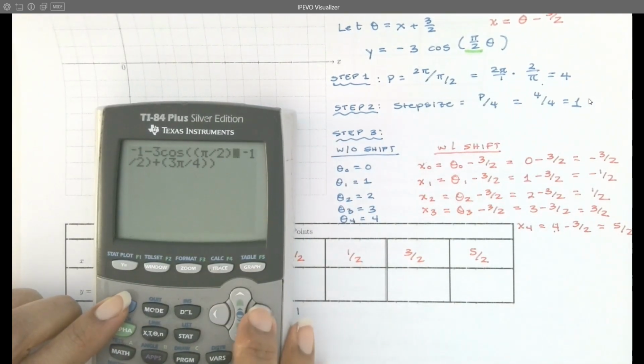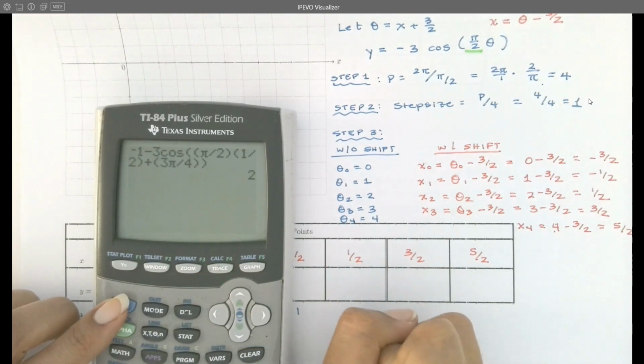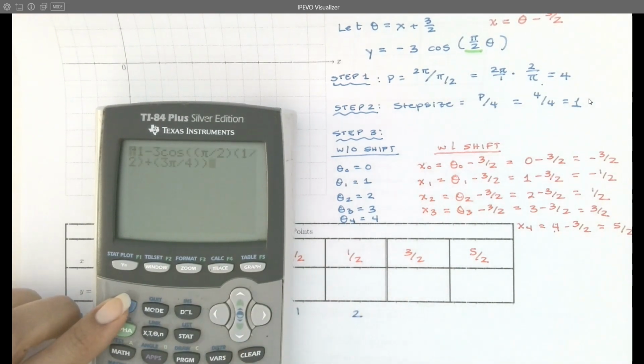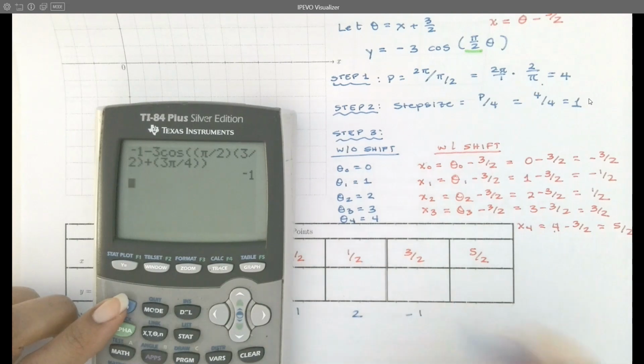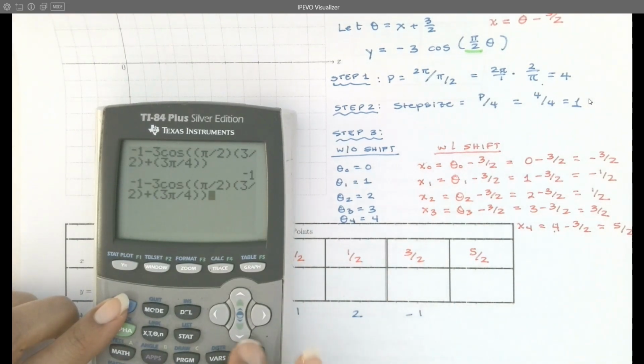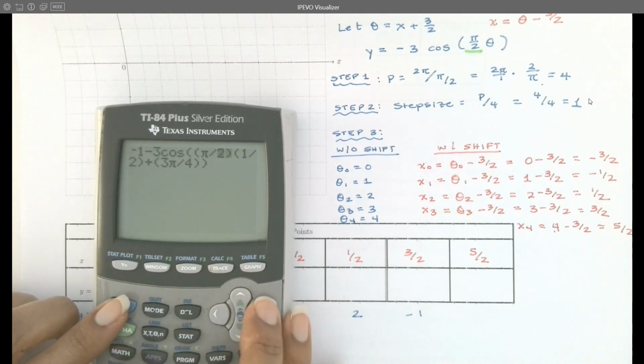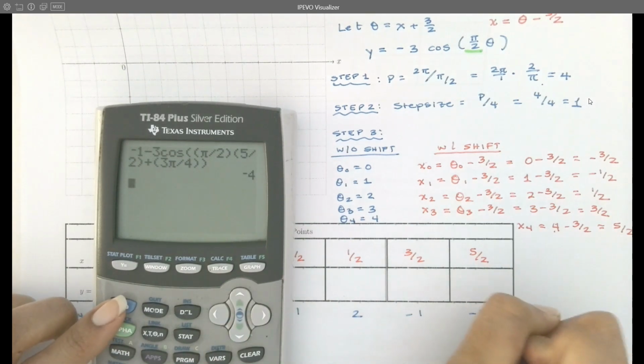So I'm just going to take away this negative. We get a 2. Next one is 3/2, so change this 1 to a 3. We get negative 1. And last one is 5/2. So I'm just going to change this 1 to a 5. And we get negative 4.